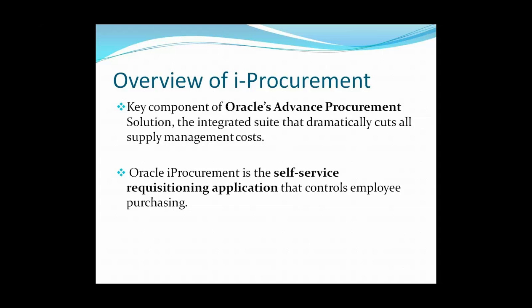This Oracle Advanced Procurement solution comprises multiple modules like iSupplier, Oracle Sourcing, Oracle Procurement Contracts. All these are part of the Oracle Advanced Procurement Suite, which is an integrated suite designed to dramatically cut all the supply management cost.